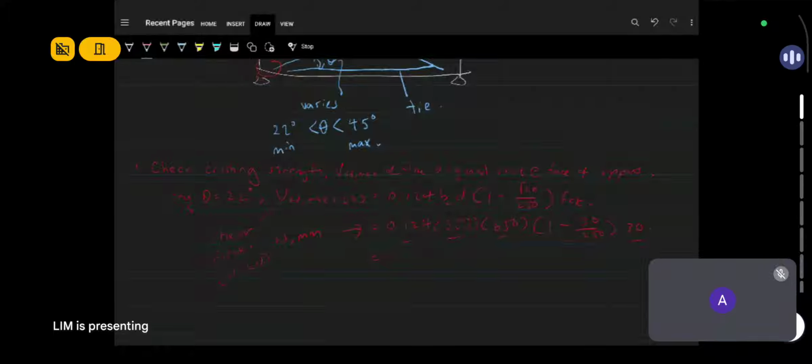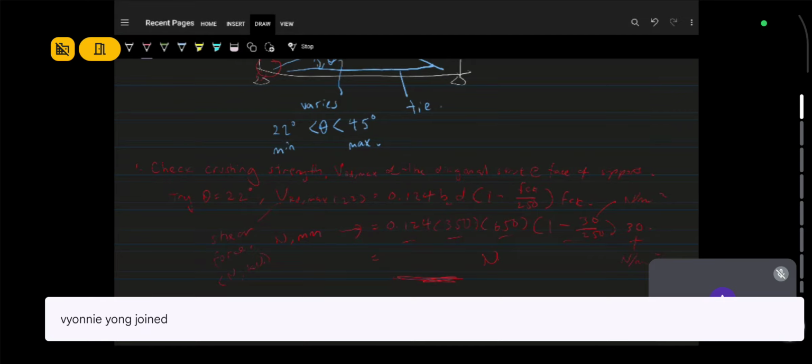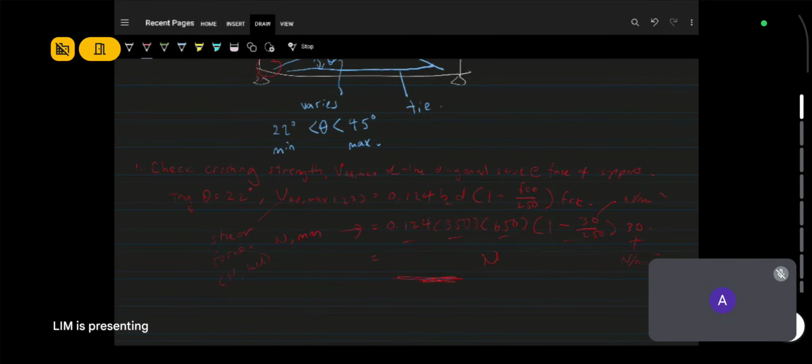In this case, because this is Newton per mm square, and this is also Newton per mm square, your result will be Newton. So calculate for me. What is the force in Newton? Quick, someone.